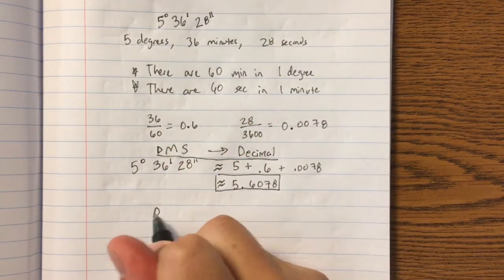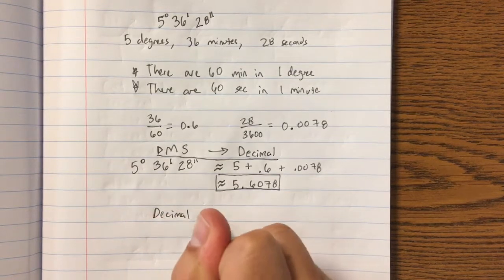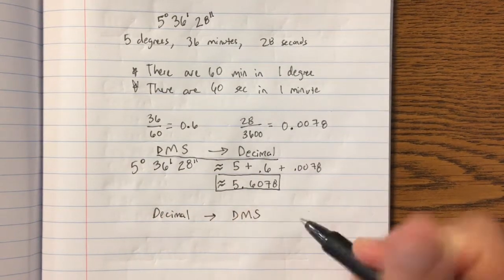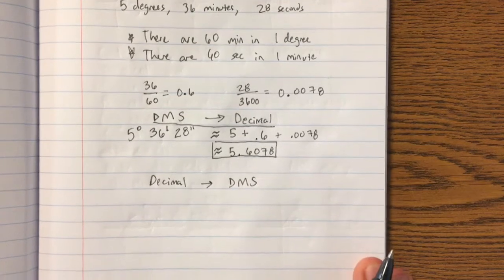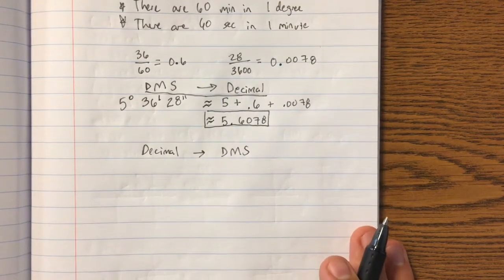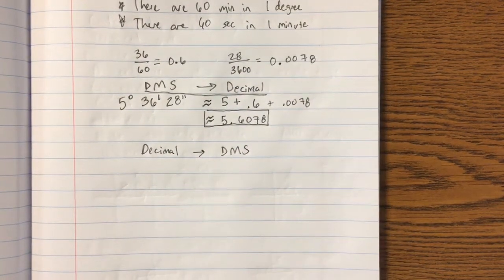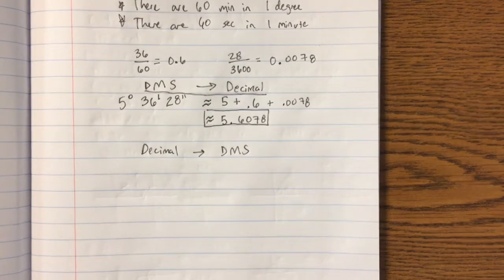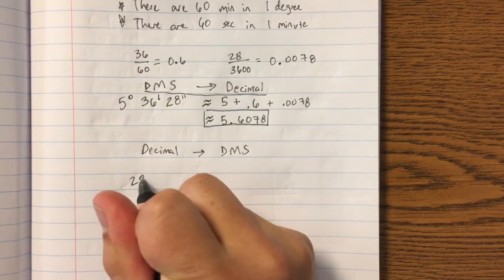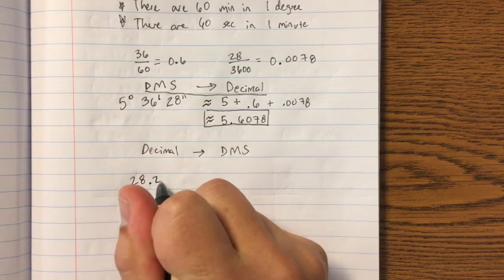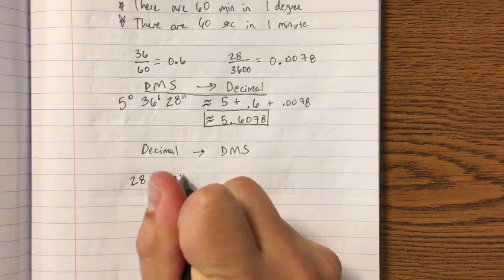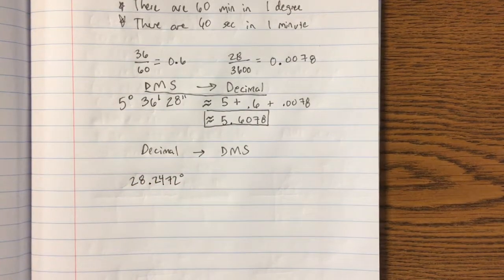And then if you want to go from decimal back to degrees, minutes, seconds, let's say I have something weird like 28.2472 degrees. And I want to convert that to degrees, minutes, seconds.